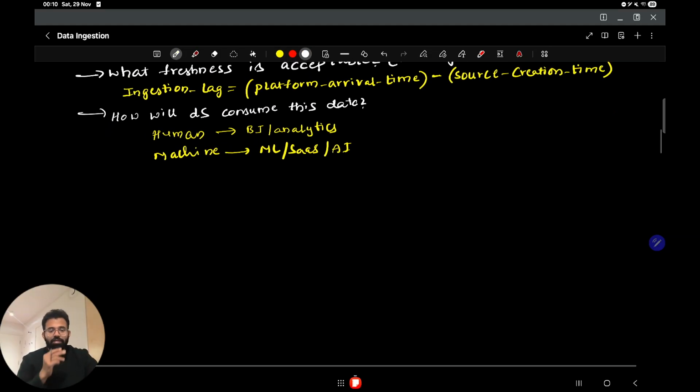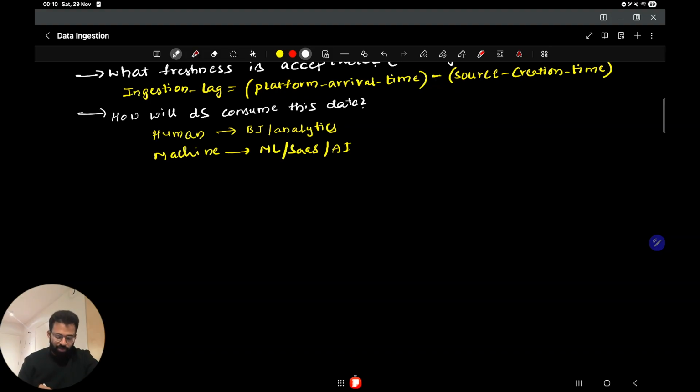And then, moving on to the next important point, which is how does the source system behave under load. This is pretty straightforward.